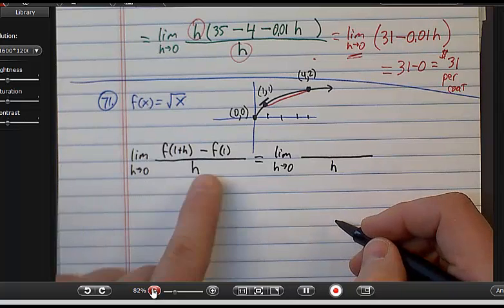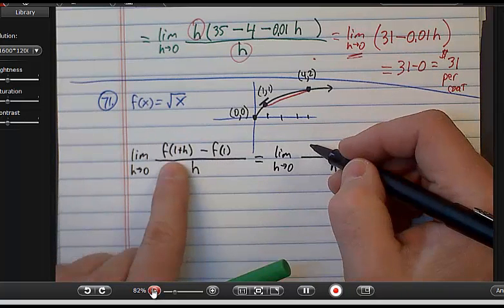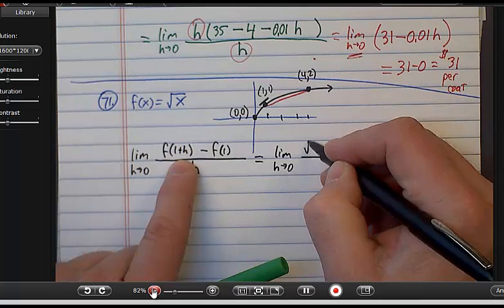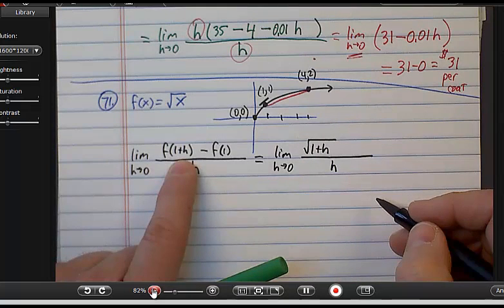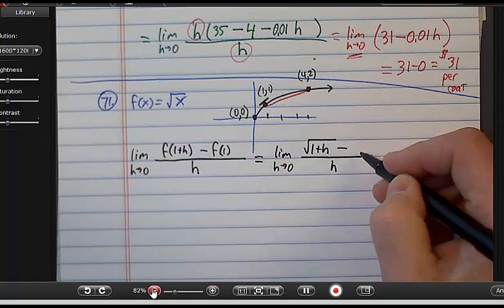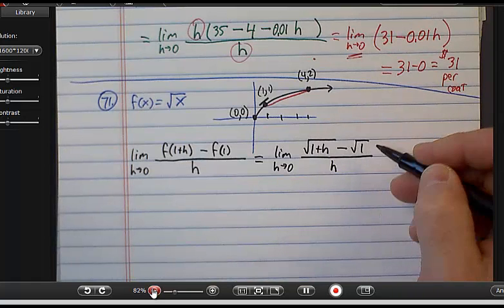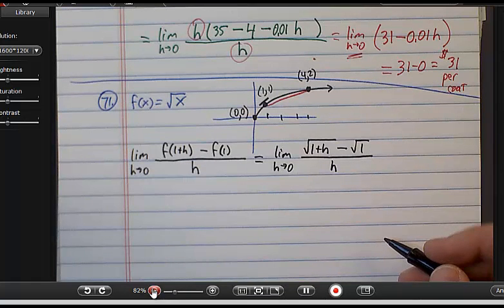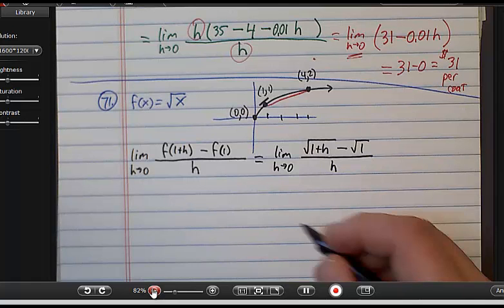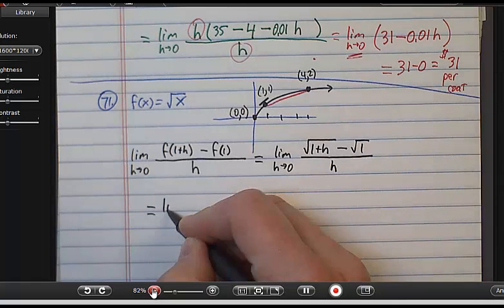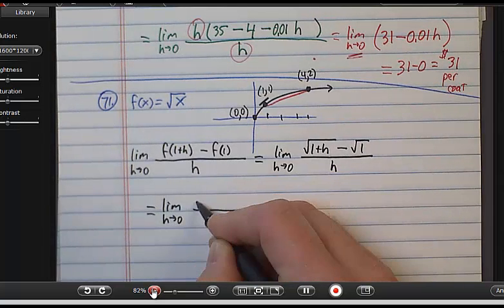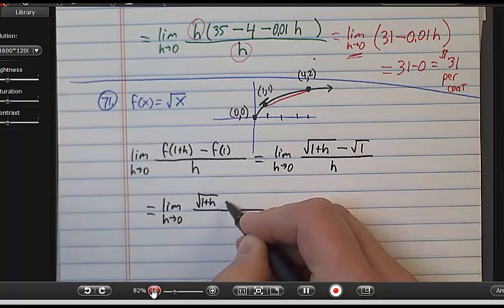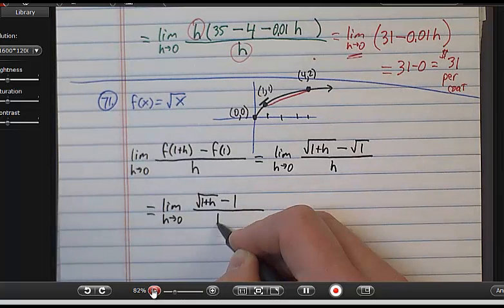And then you know what you really have when it says f of 1 plus h? That's the square root of 1 plus h, right? Minus the square root of 1. What's the square root of 1? 1, right? So really what I have so far is the limit as h approaches 0, square root of 1 plus h minus 1 all over h.